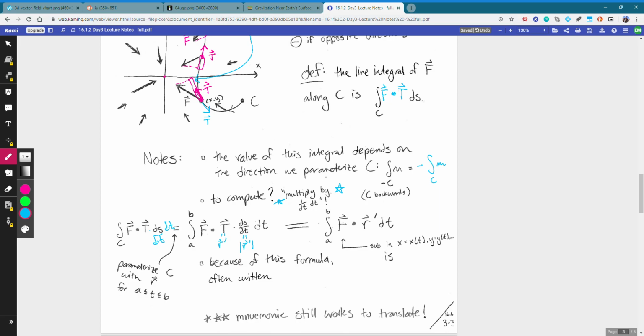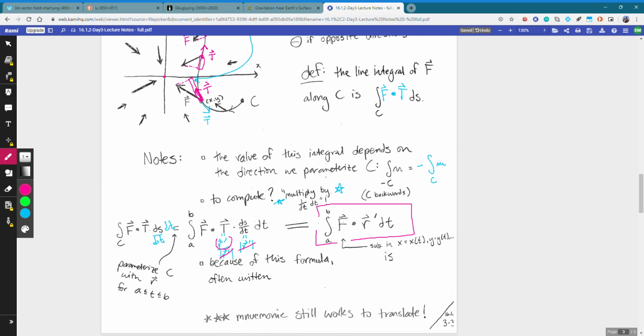But if we want to get the unit tangent vector, well, we just need to scale this thing by its size, so r prime divided by the size of r prime. But notice what happens here. The r prime up top and the r prime at the bottom cancel out, and what we're left with dot producting against the f is just r prime. And so this is the nice simplified form that our formula takes here when we translate a line integral for a vector field.